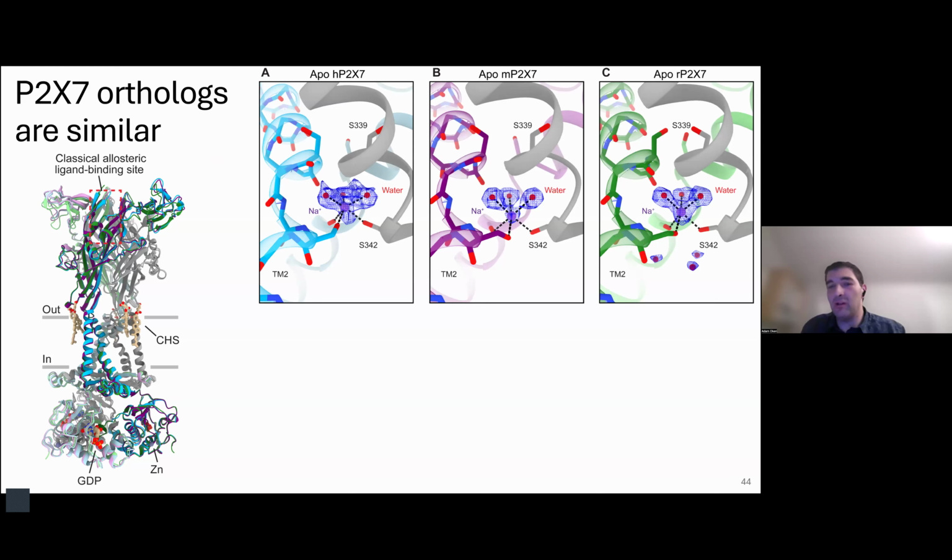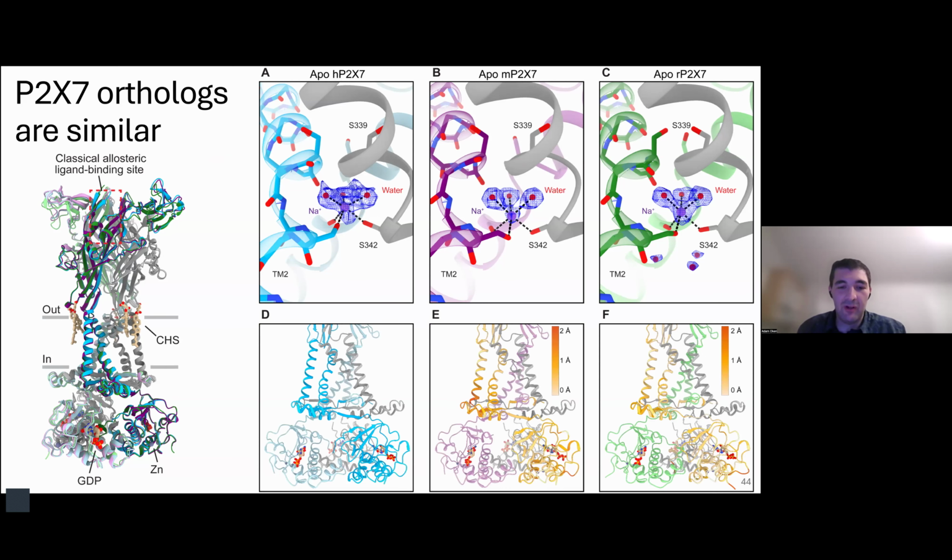Looking at this a little closer, all three receptor orthologs share very similar features, such as the sodium ion and the constriction gate formed by serine 342 in the apo-closed state. And we also see that they have very similar extracellular and cytoplasmic domains. So here, in colors of tan, I've colored one protomer by RMSD compared to the human P2X7 receptor.